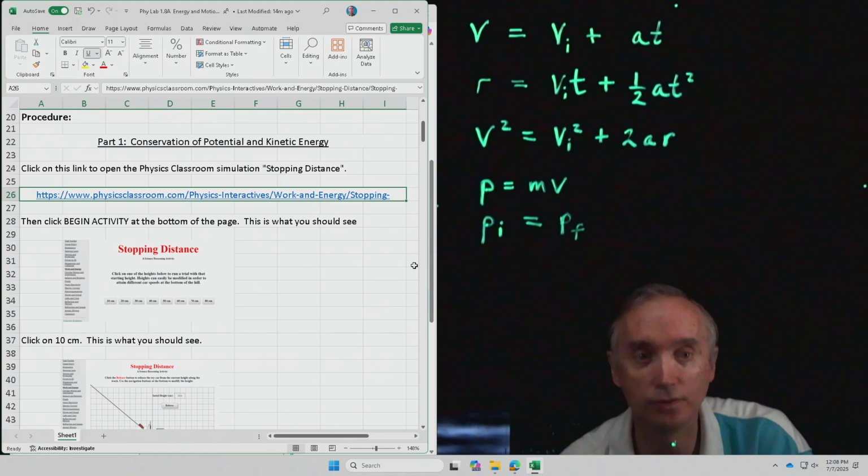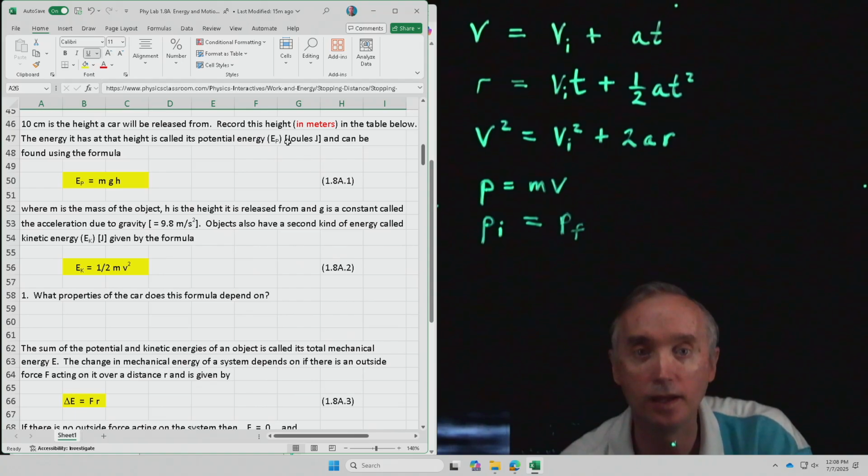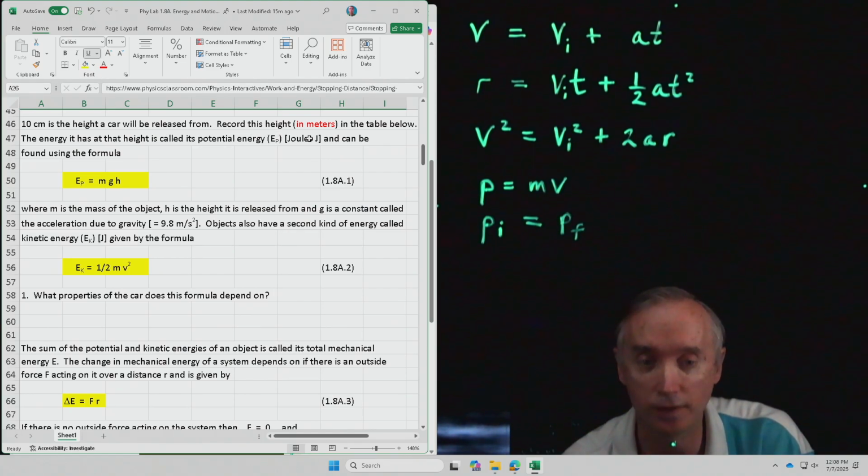And then you're going to now go down to here. Okay, and so it says that 10 centimeters is going to be the height a car will be released from, and it says to record this height in meters, so you have to change it from centimeters to meters in the table below.